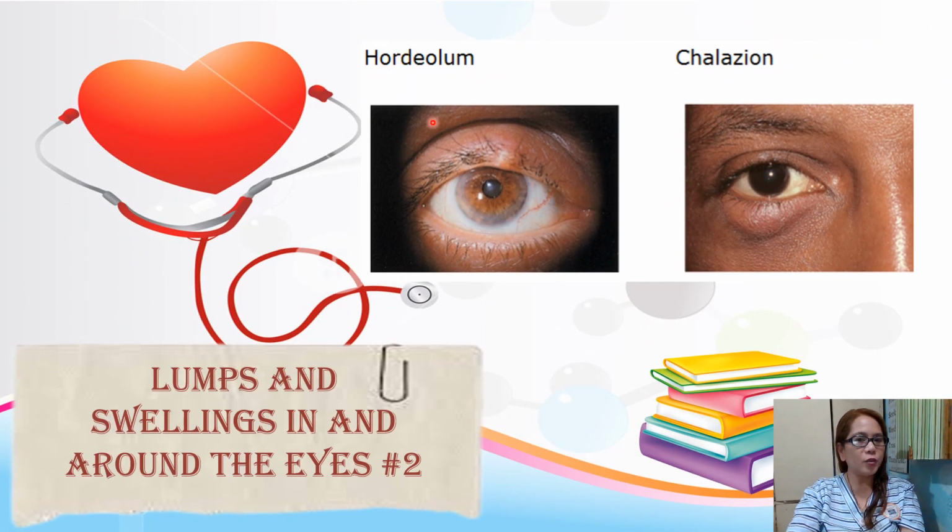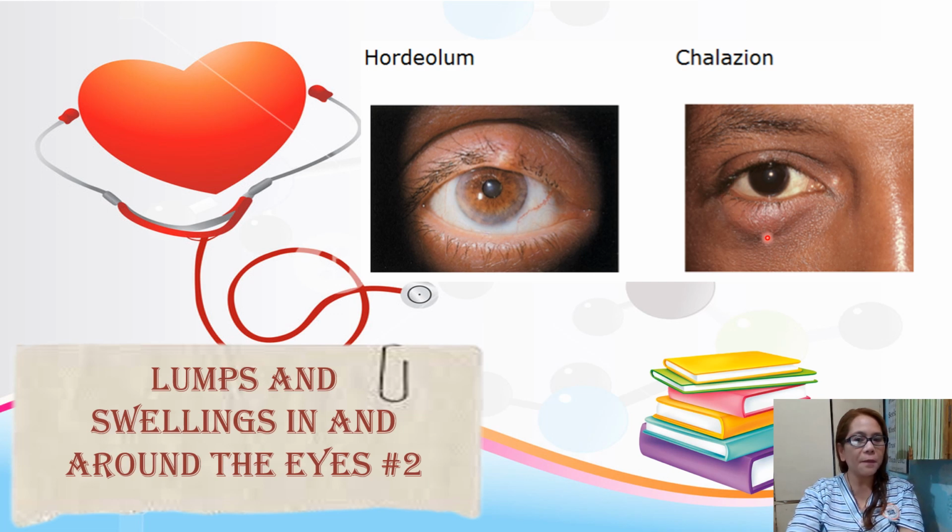Okay, so another abnormality of the eyes, or lumps and swelling around or inside your eyes. We have hordeolum. It is a painful, tender, red infection in the gland or at the margin of the eyelid. And we have another here, the chalazion.